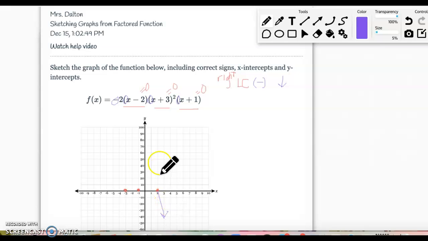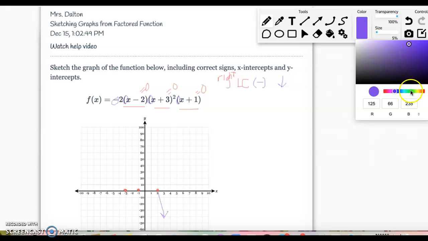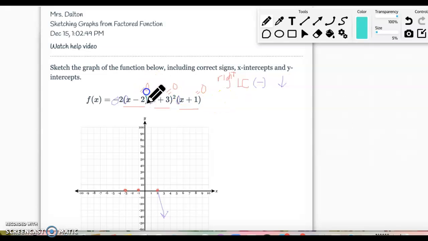Now, one thing that I also want you to notice is if it has a power of 1, so this one right here has a power of 1. When it has a power of 1, it's going to go through the x-axis. Well, that's where that x-intercept comes from. This is x equals 2, and it goes through the x-axis, so this is going to just go straight through it. Okay?